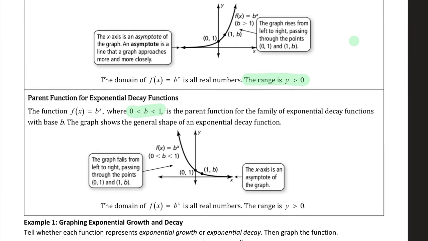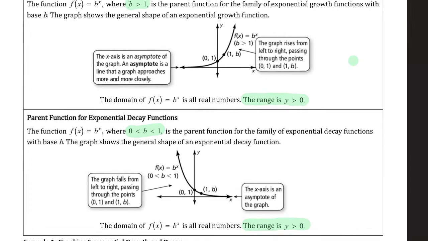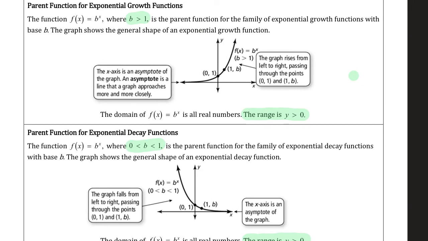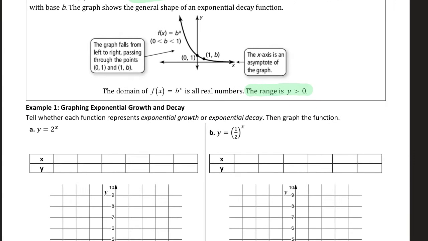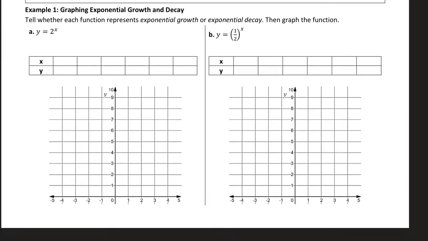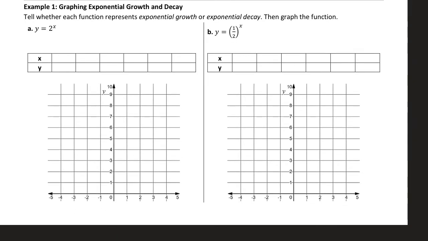It's that same repeated multiplication, but it reduces our y values as we go from left to right on our graph. So the range of these decay functions is still greater than 0. But the main difference is that growth functions have a growth factor, decay functions have a decay factor. So we're going to talk about telling the difference and then graphing these functions in example 1.